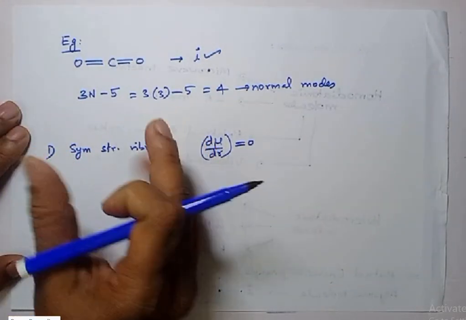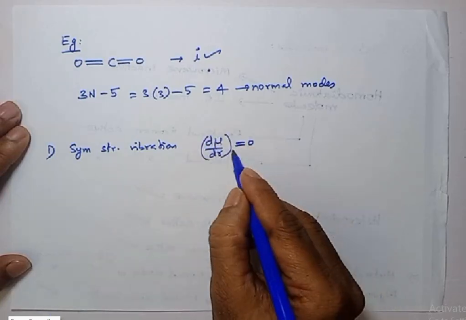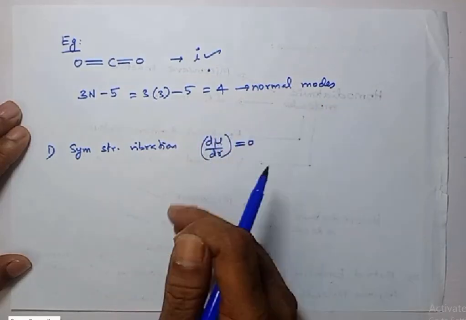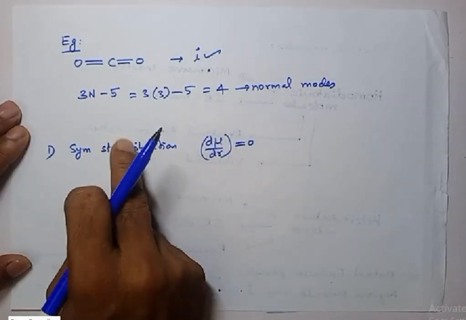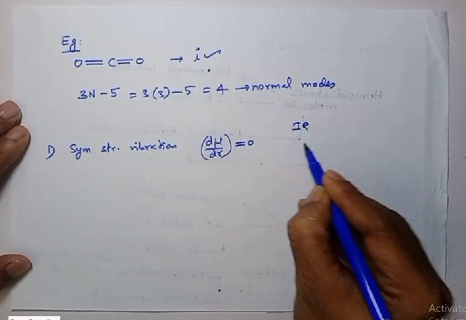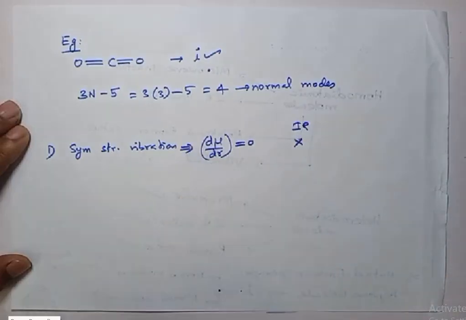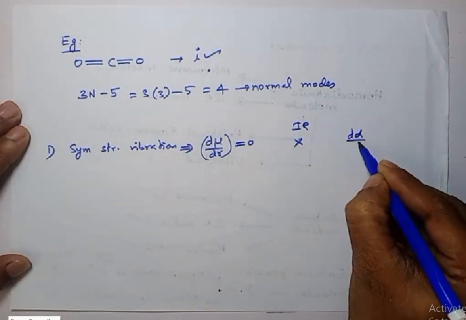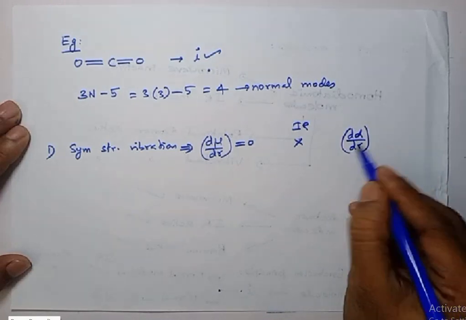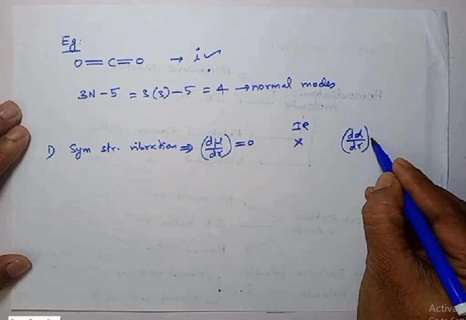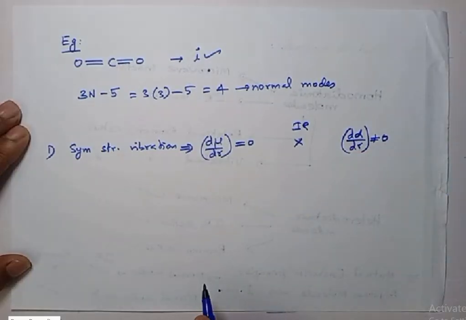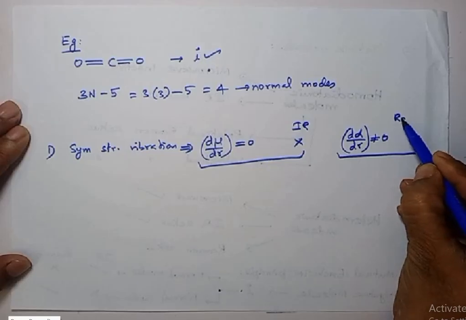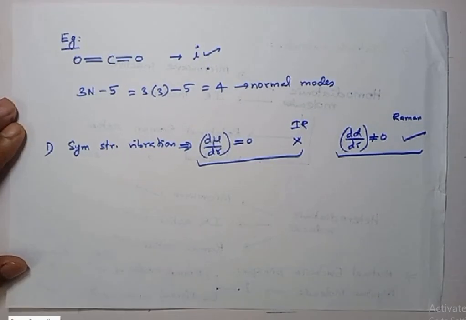During symmetric stretch, the dipole moment does not change. d mu equal to 0 means the dipole moment is not changing. Therefore, this symmetric stretching vibration is IR inactive. Whereas during this vibration, the polarizability of the molecule, d alpha, is not equal to 0, it is changing. So that was for IR, and the next information is for Raman. Therefore, this vibration is Raman active.